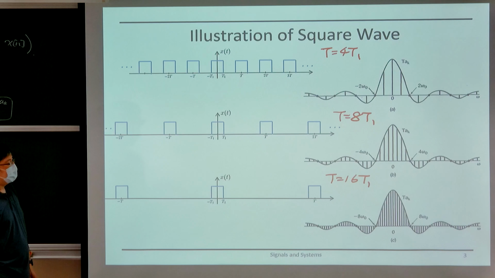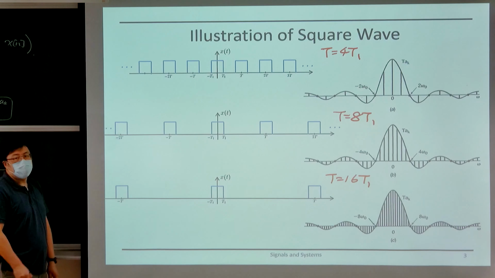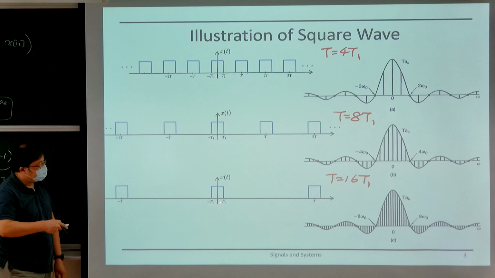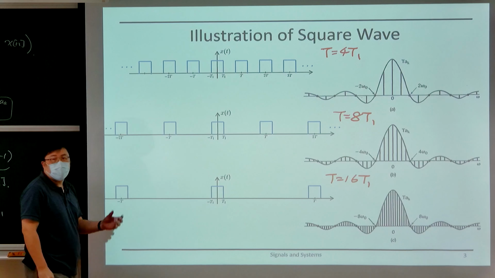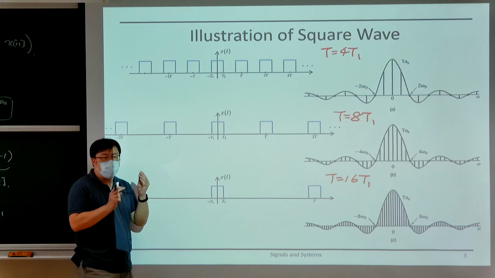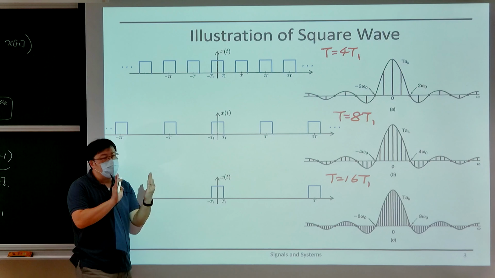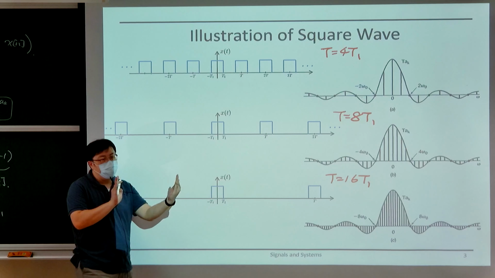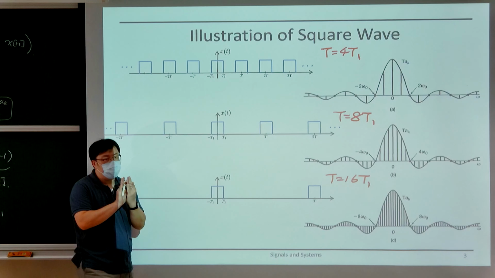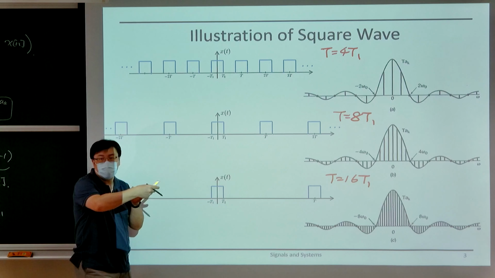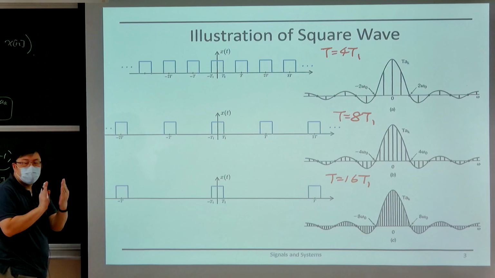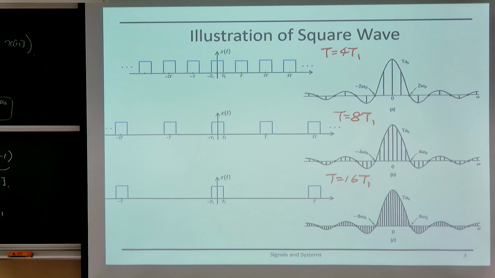So this also means that for a larger period, you're considering frequency components that are denser and denser. You're considering more and more frequency components. The separation between consecutive frequency components becomes smaller and smaller and smaller, okay?